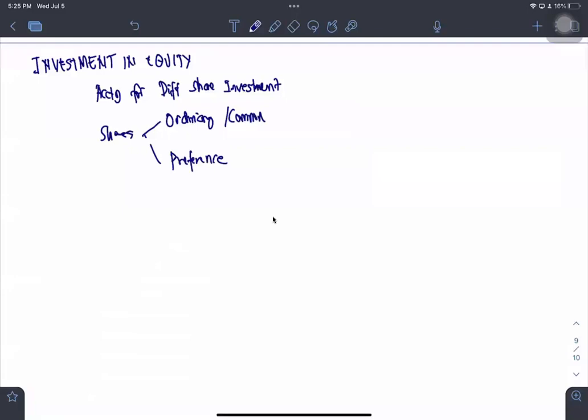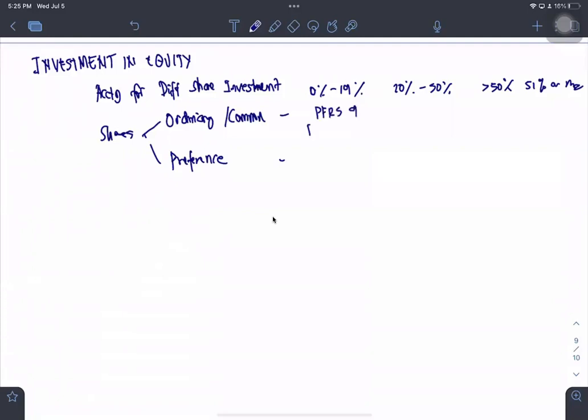For ordinary shares or common shares, we need to look at whether it is 0 to 19, 20 to 50, or more than 50%, or 51% or more. If that is 0% to 19%, we use PFRS 9.